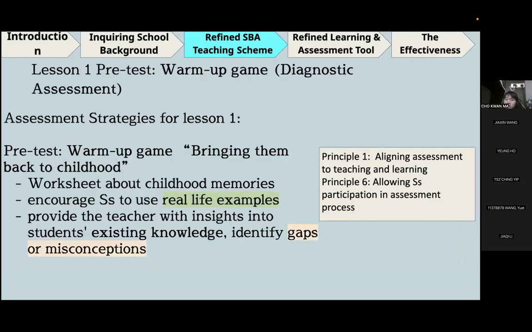And for the pretest, which is the warm-up game, it uses a worksheet about childhood memories, encouraging the students to use real-life examples and providing the teacher with insights into the students' existing knowledge, which can identify different gaps and misconceptions that the students have about past tense.